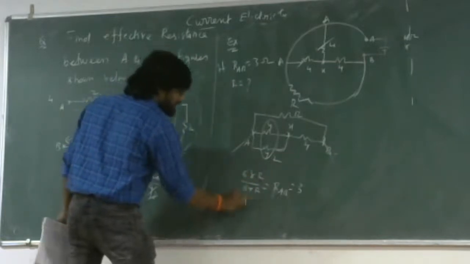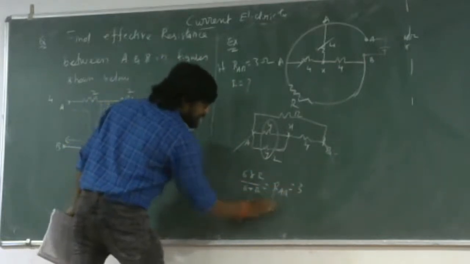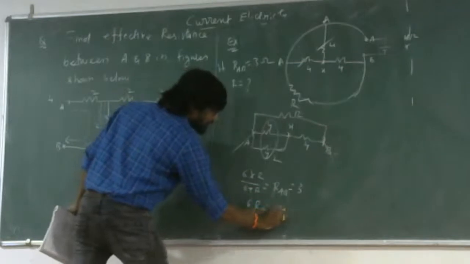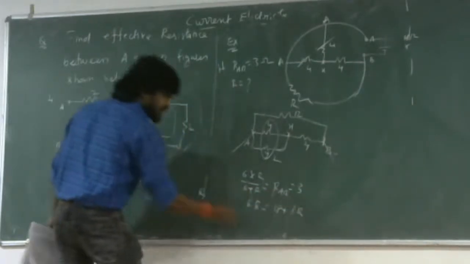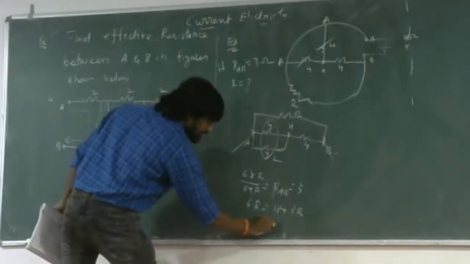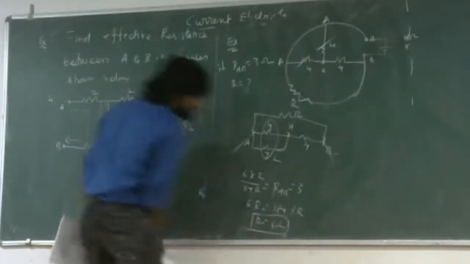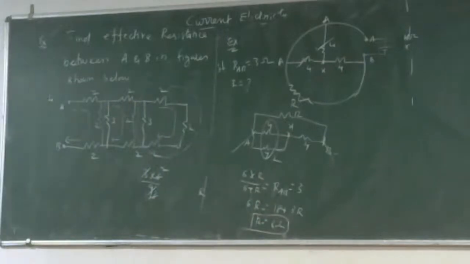Cross multiplying we get 6R is equal to 18 plus 3R. So 6R minus 3R means 3R is equal to 18. So R is equal to 6 ohm. Like this you have to work out this kind of questions.